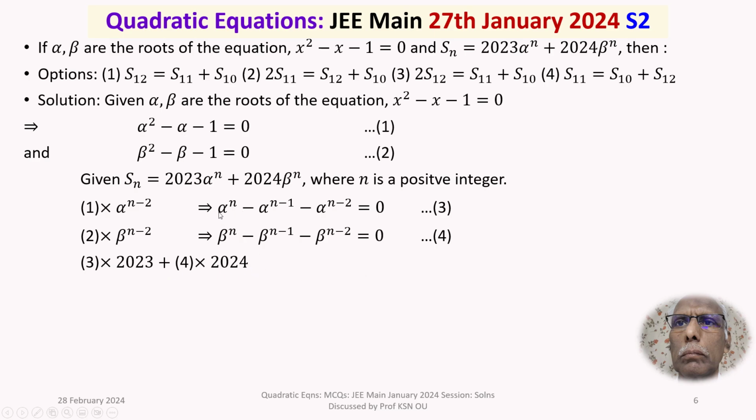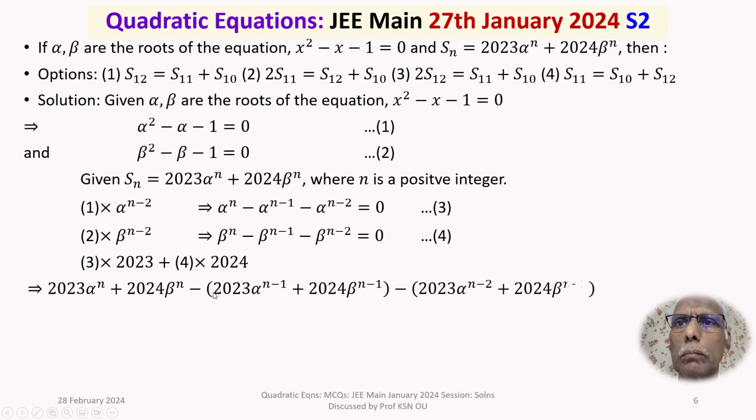Add 2023 multiplied by alpha to the power of n plus 2024 multiplied by beta to the power of n, that is the first term, minus 2023 multiplied by alpha to the power of n minus 1 plus 2024 into beta to the power of n minus 1, minus 2023 multiplied by alpha to the power of n minus 2 plus 2024 multiplied by beta to the power of n minus 2 is equal to 0.